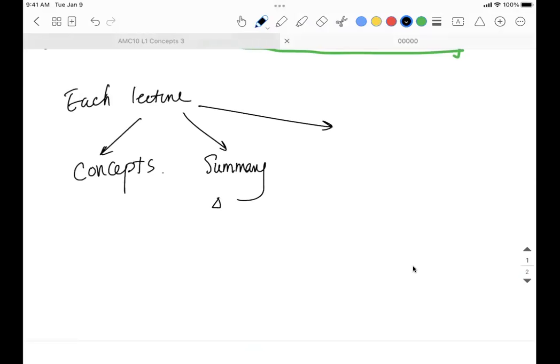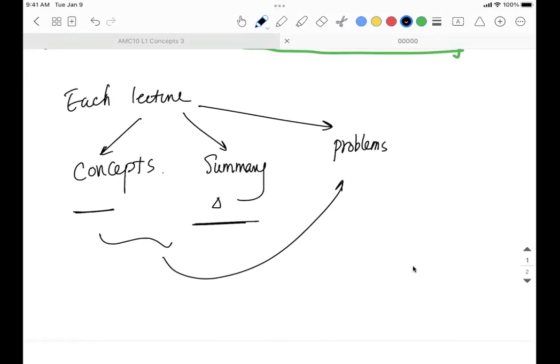And the third part will be the sample problems. After we have the concepts and know all the summaries and categories, the last step is to go for the problems. We're going to use the concepts and strategies introduced in the first two parts to solve real problems.